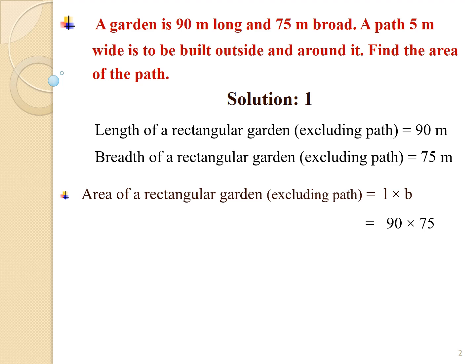Multiplying 75 by 90, we get 6750. Thus, area of the rectangular garden excluding the path is 6750 square meters.